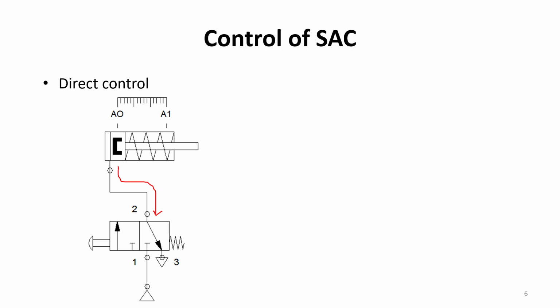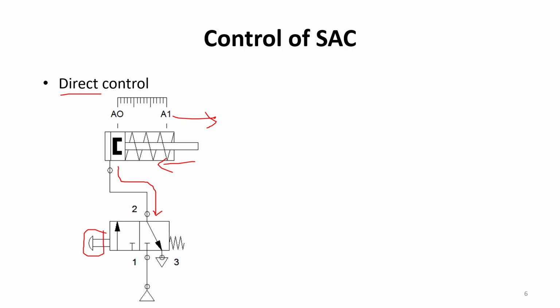Meanwhile, the spring which was compressed so far during the extension stroke will now expand freely, causing the return stroke of the cylinder. So as the name suggests, the DCV controlling the single acting cylinder is directly actuated by means of a push button by a manual operator.